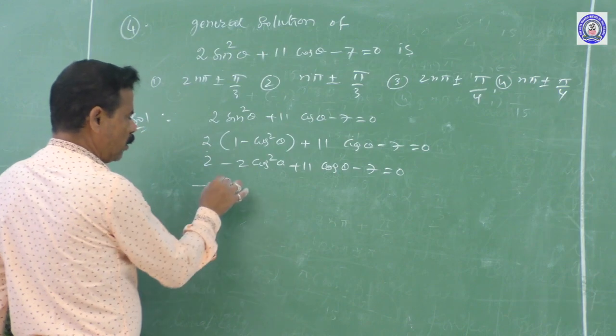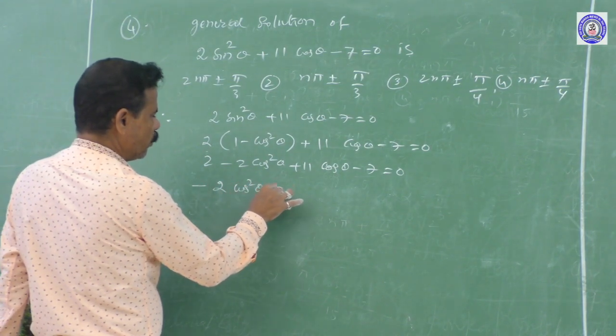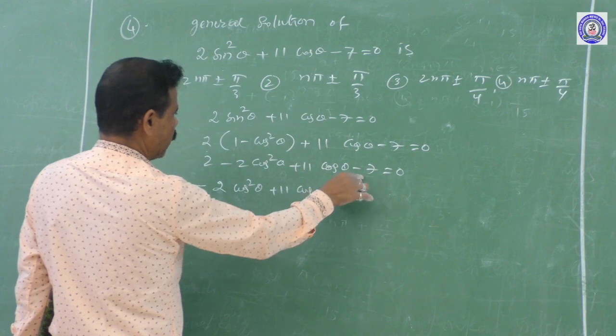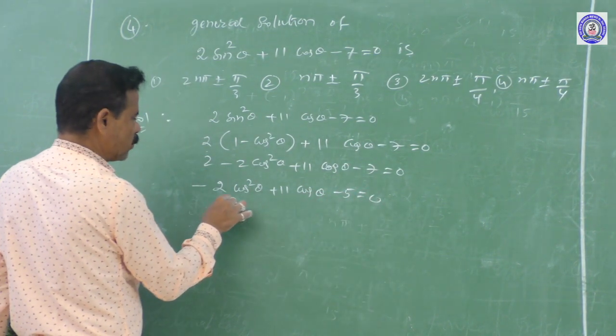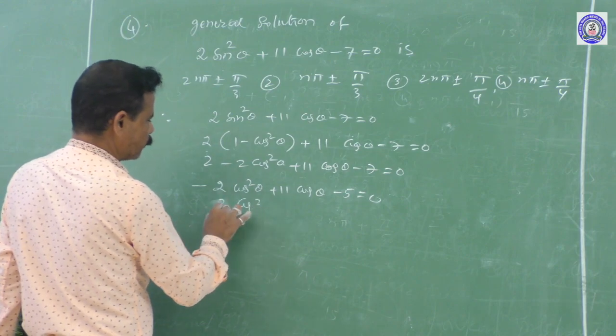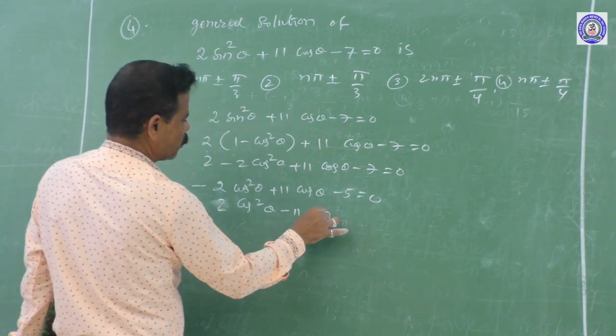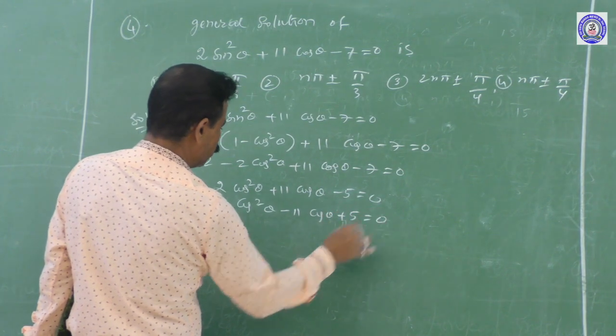Again in order, minus 2 cos square theta plus 11 cos theta minus 5 is equal to 0. Multiplying by minus on both sides, 2 cos square theta minus 11 cos theta plus 5 is equal to 0.